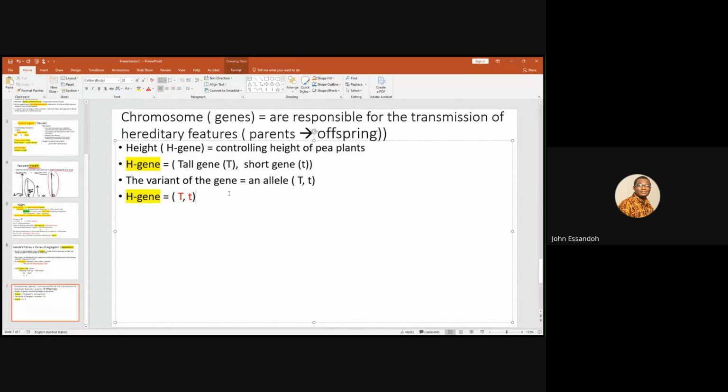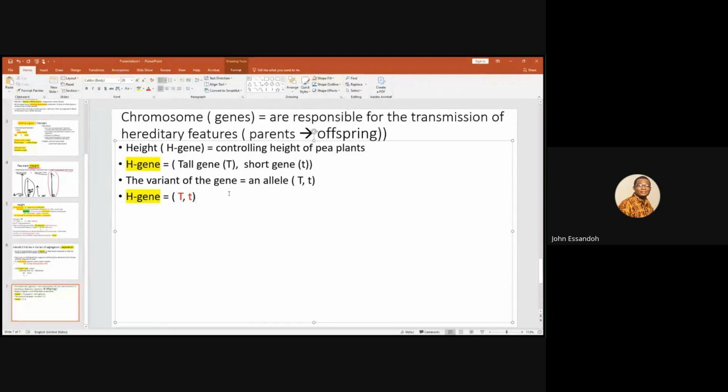Good. Now, Mendel made us aware that a trait is controlled by a pair of factors.